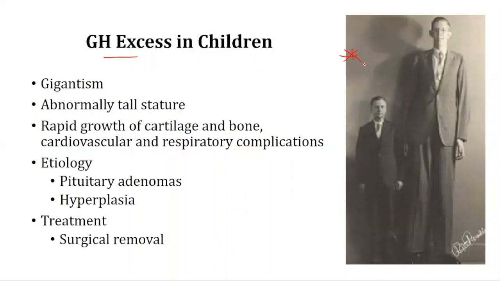What are the causes? Etiology: cancer in pituitary gland, pituitary adenomas, also hyperplasia, something high, right? Hyperplasia means there is an increase in number of cells in an organ or tissue that's abnormal.